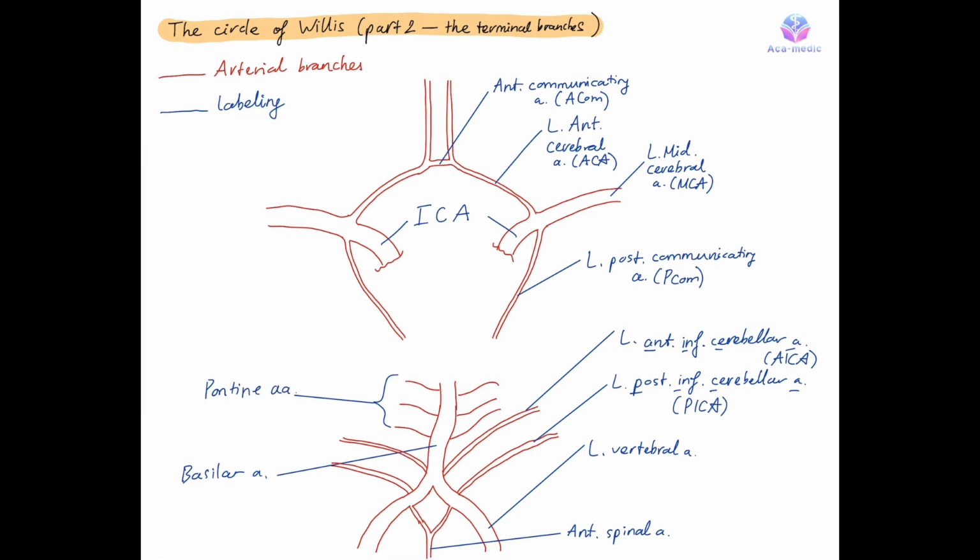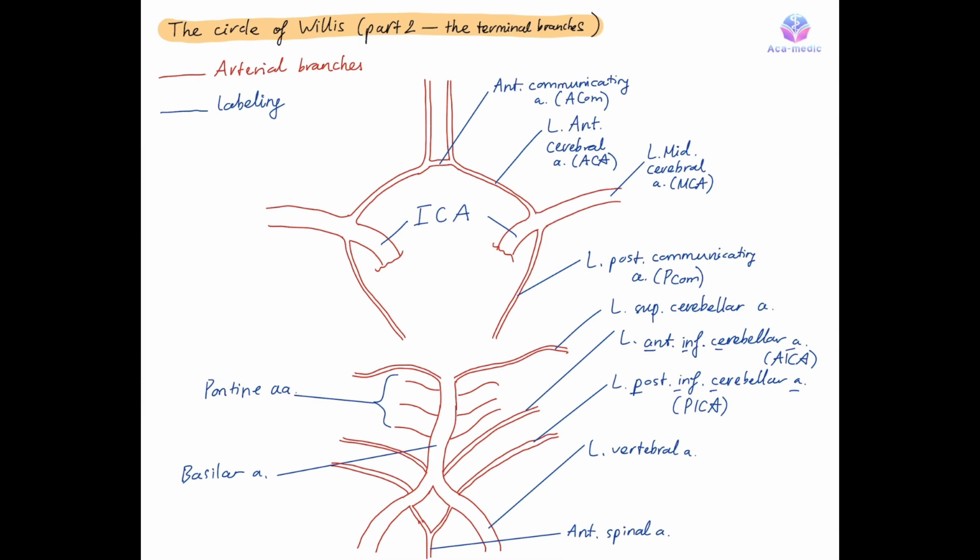And then the basilar artery is going to give out these two other branches, going to the side, and supply the superior part of the cerebellum. And those two branches are going to be called the superior cerebellar artery. Okay, so you have a left superior cerebellar artery and the right superior cerebellar artery.